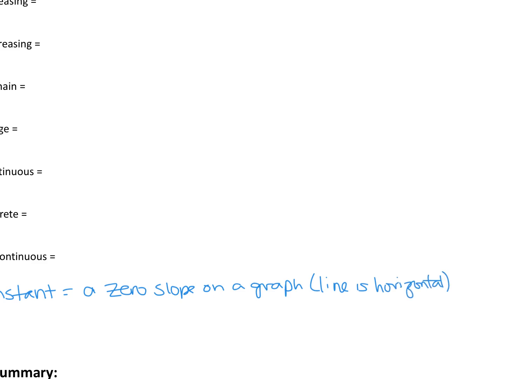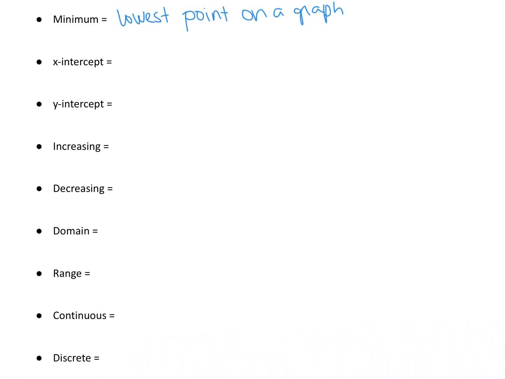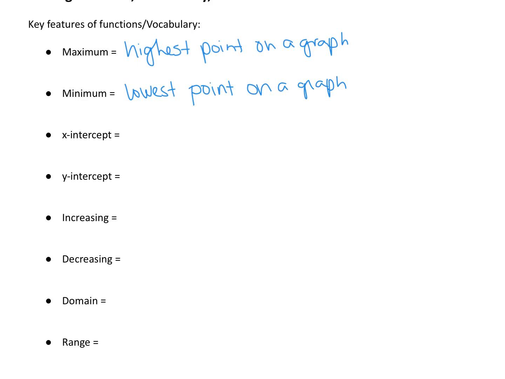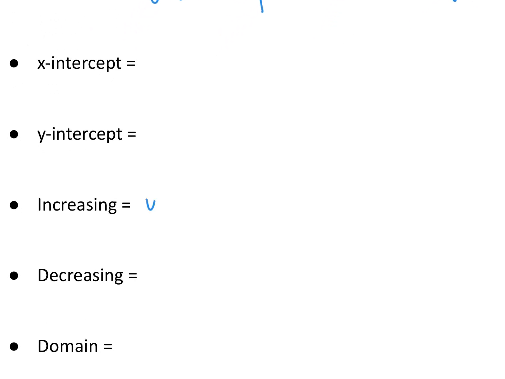Okay, we also talked about increasing. So let's add that right here. It's the fifth one down, increasing and decreasing. So increasing was where we were filling the pool with water, right? That was when we had an upward slope.